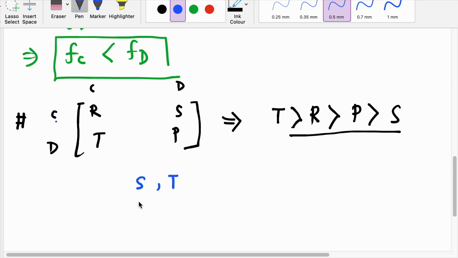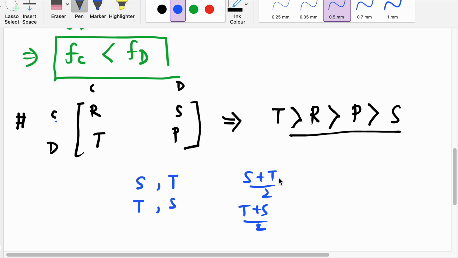In the next round, I will defect and my friend will cooperate. In this way, on average, I will get (S plus T) by 2, and my friend will also get (T plus S) by 2. So a prisoner dilemma should be such that this type of interaction should not be there.